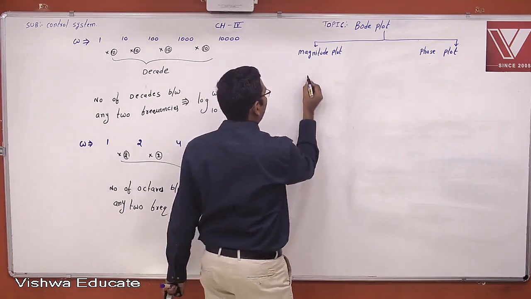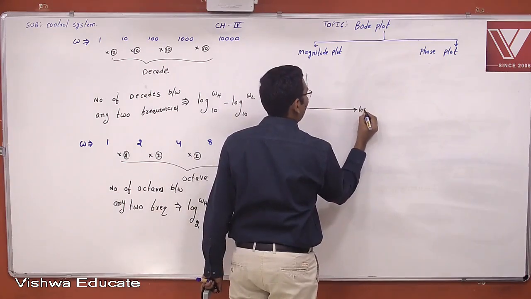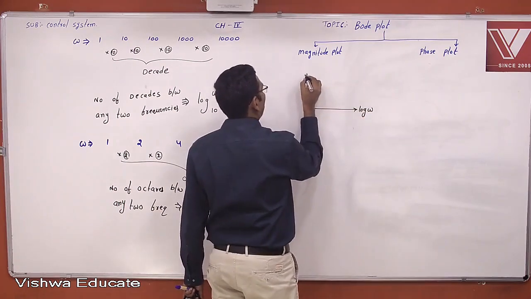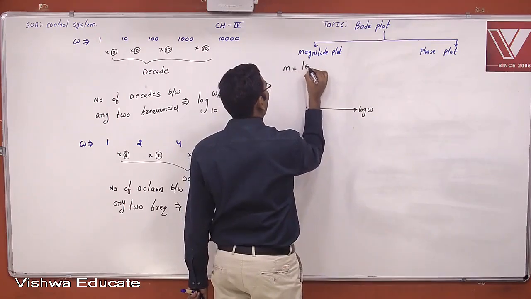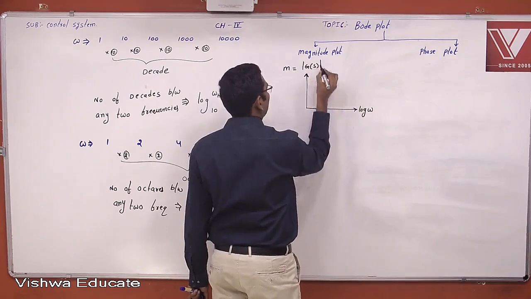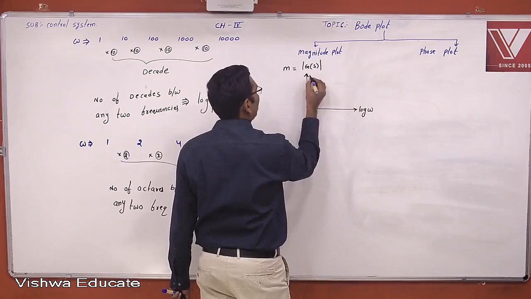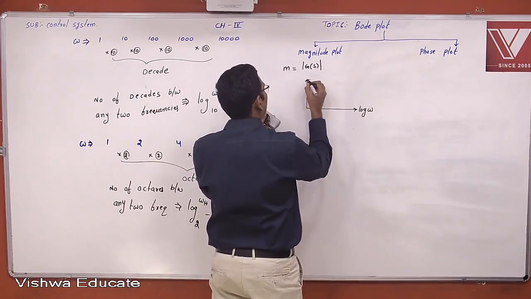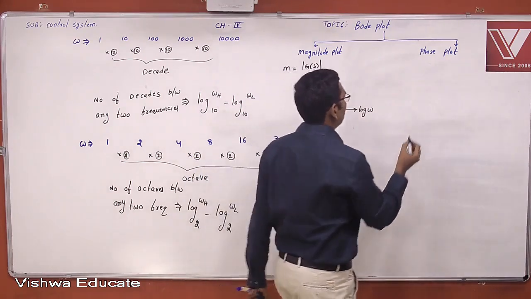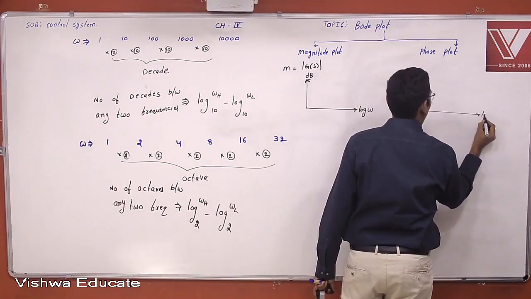So this Bode magnitude plot is nothing but, now this is the logarithmic frequency, and this is the magnitude of the open loop transfer function, in terms of dB. Now this is the phase angle of the open loop transfer function.